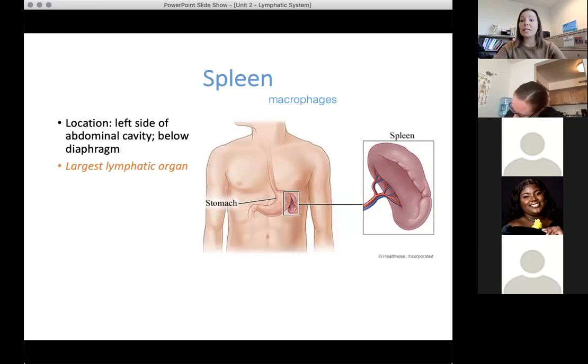So in a fetus, this is a location where red blood cells get produced. After birth, like in us, the spleen is not making red blood cells, but before birth, it does.